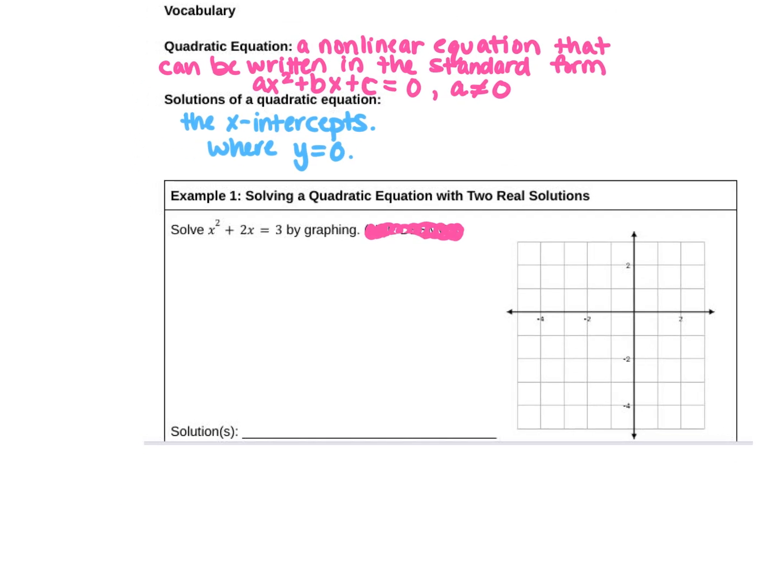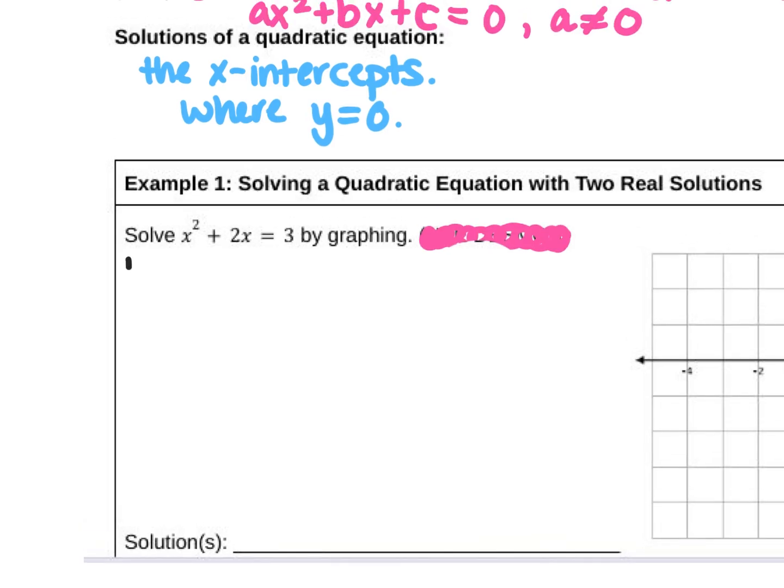So, number 1, remember, we said step number 1 is make sure that it equals 0. Because if it doesn't equal 0, you can't find the solutions. So with this one, what we did is we subtracted 3 to make it equal 0.